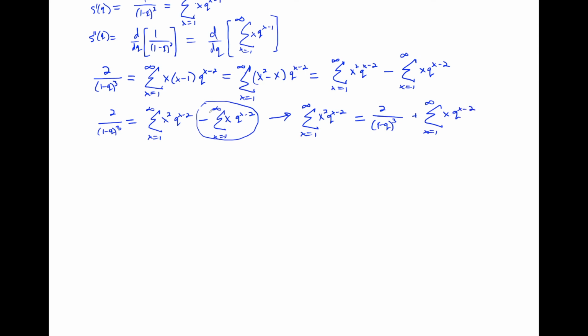So all we've done here is added that minus term to both sides of equality. And so we're going to use this right-hand side as a substitution to help us solve for the variance. So let's do that.